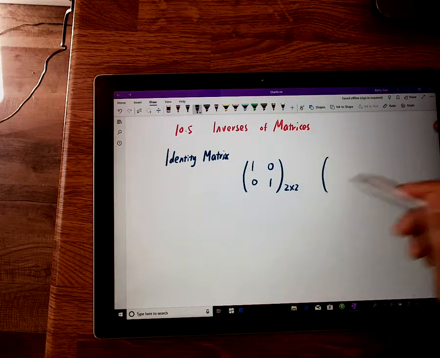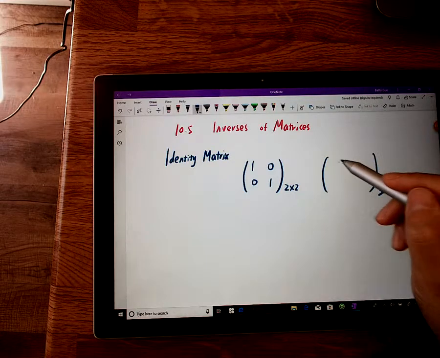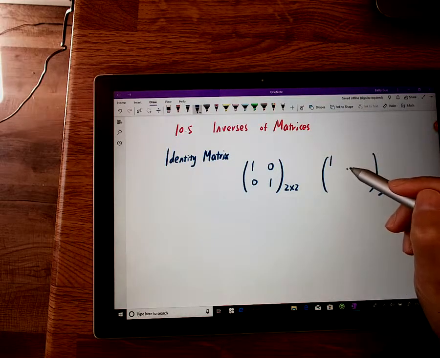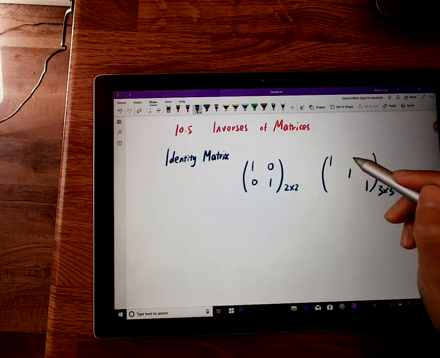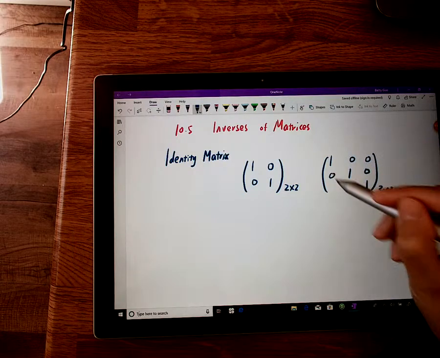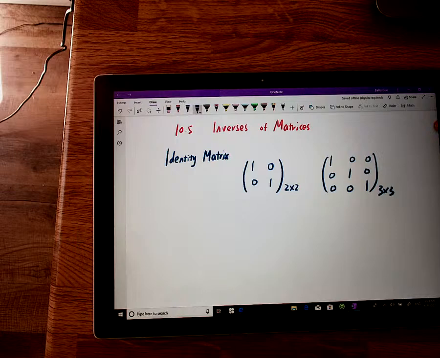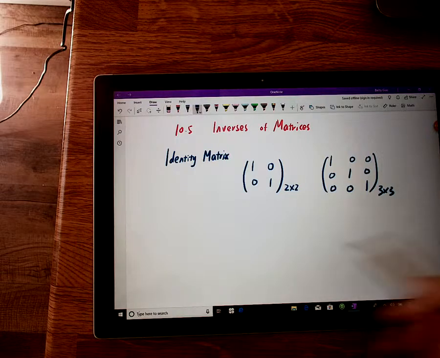What if we have a 3 by 3 matrix? All the entries on the main diagonal are ones. All other entries are zeros. Then this matrix is an identity matrix of size 3 by 3. So you can imagine the identity matrix with a higher order.